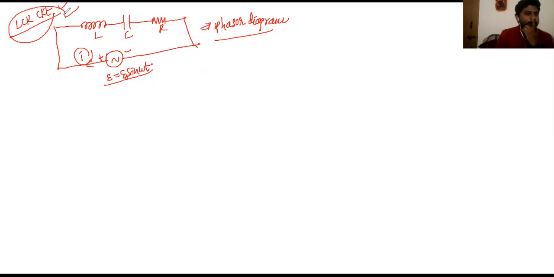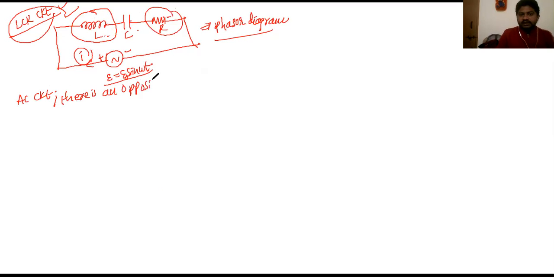Now, that may be a CR circuit, maybe an LC circuit, maybe an LR circuit. Whatever it may be, there is an opposition to the current in the circuit. So in an AC circuit, whatever the element, there is an opposition.